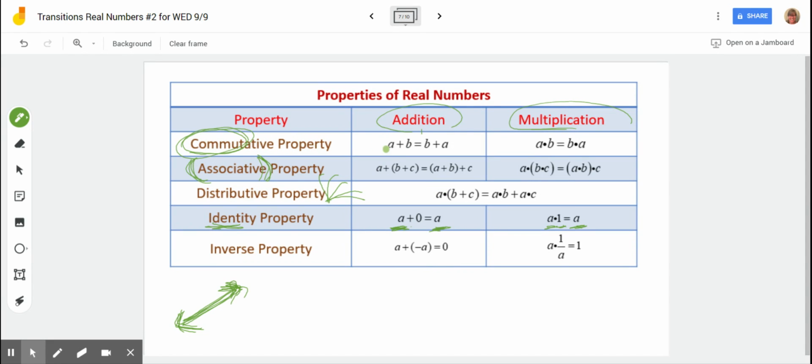So look, commutative property, look what happened. We commute, we go back and forth. The A switched with the B. Associative property has to do with parentheses. If you're trying to figure out what's going on, just ask yourself, what happened? I always think like the Sesame Street song, one of these things is not like the other.